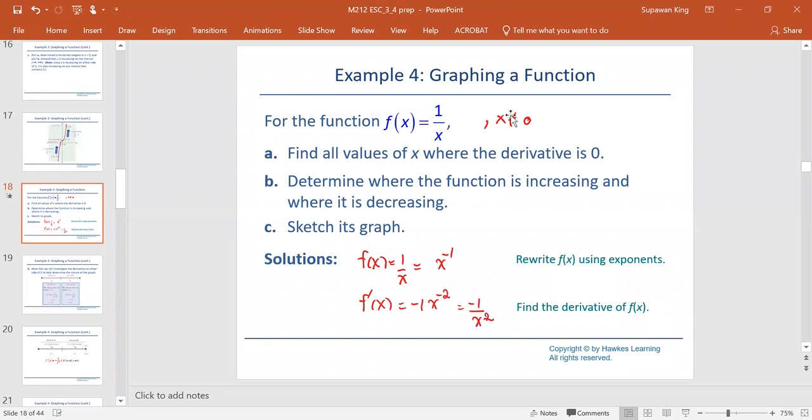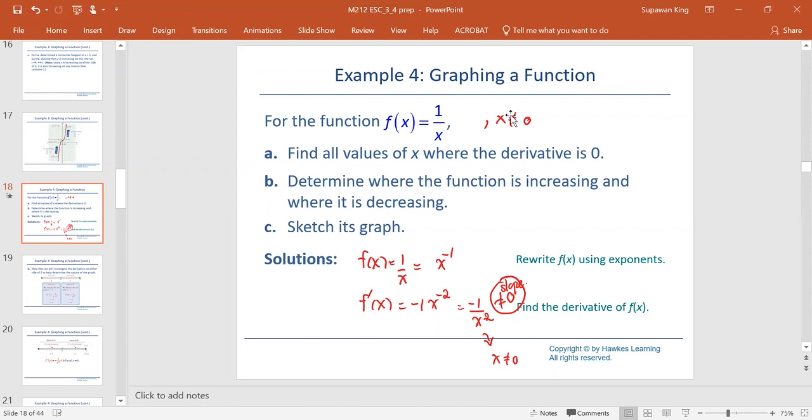In this case, you can see that it will not be 0. But the restriction is still similar to the restriction when we found the domain. That means x cannot be 0, but the slope will not be 0. It looks like 0 is still the point of interest.